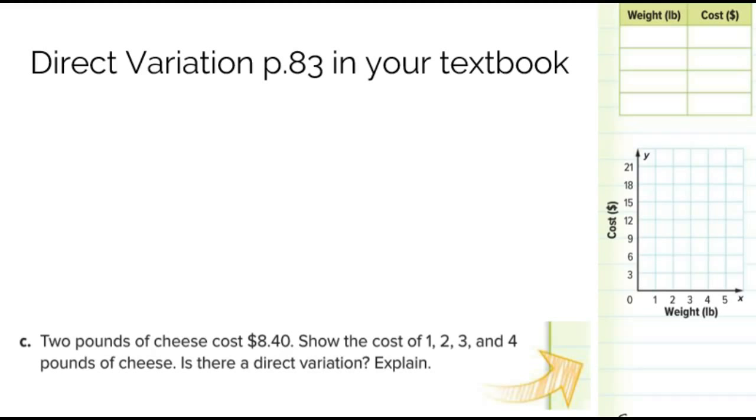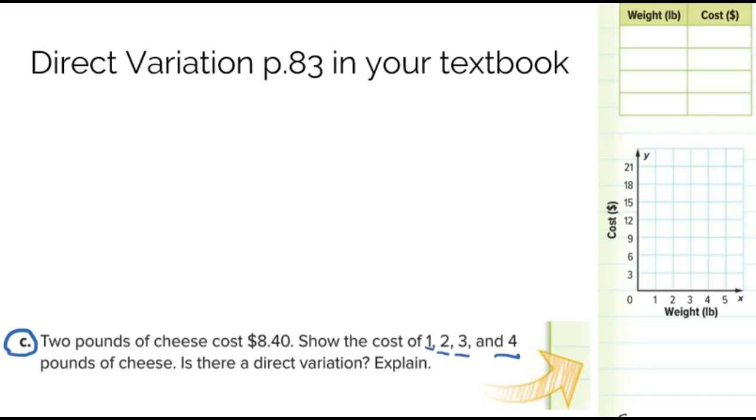Just below this, we have example problem or practice problem C. I would like you to pause this video for a second, and I want everyone to try C. 2 pounds of cheese cost $8.40. Show the cost of 1, 2, 3, and 4 pounds of cheese.